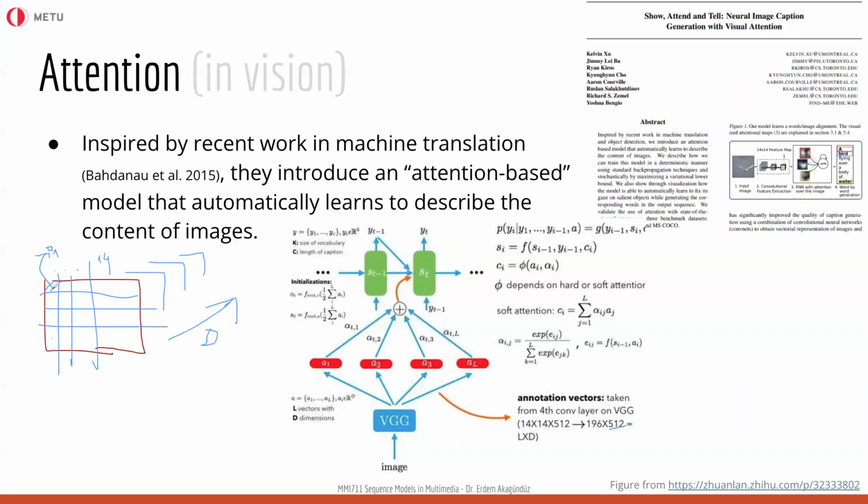So for representing this region of the image, I'm using D number of activations, D number of different filters, and again D filters for the next part. So this is a sequence. The dimension here is space, not time: the positions, the locations of the input signal.